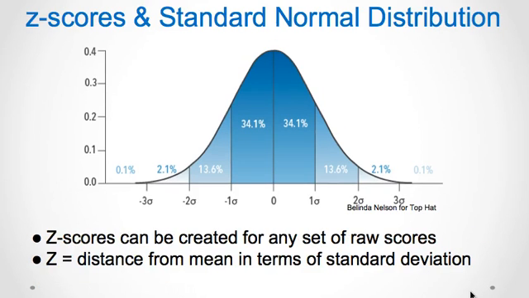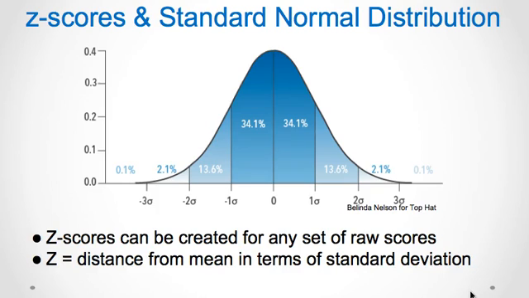The standard normal curve is called the standard normal distribution, or z distribution, which has a mean of 0 and a standard deviation of 1. Scores on the x-axis in a standard normal distribution are called z-scores. Remember that z-scores can be created for any set of raw scores. This is what we mean when we say standardized scores.